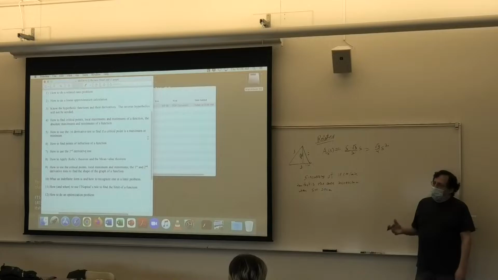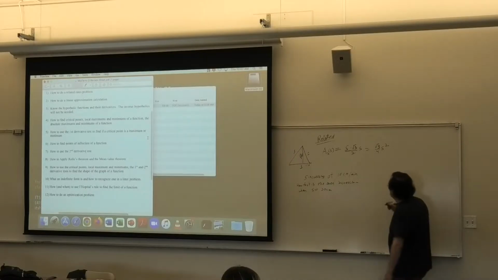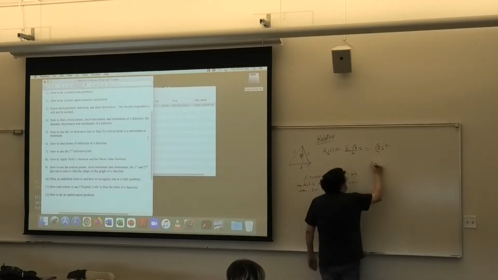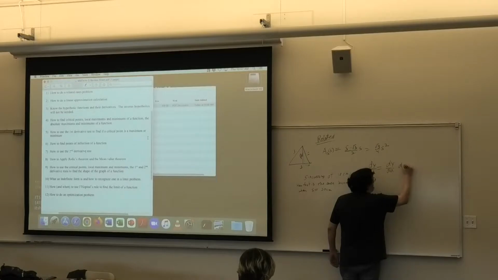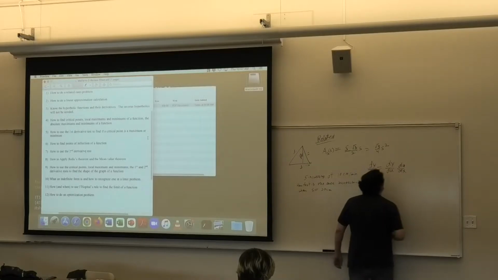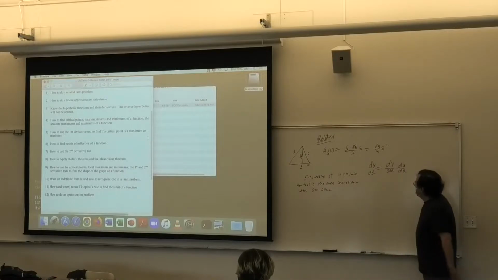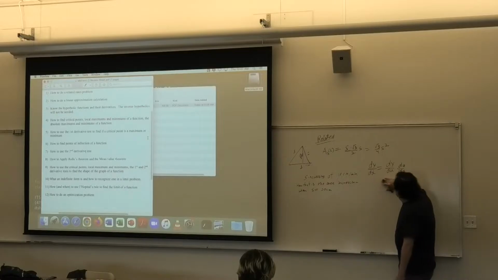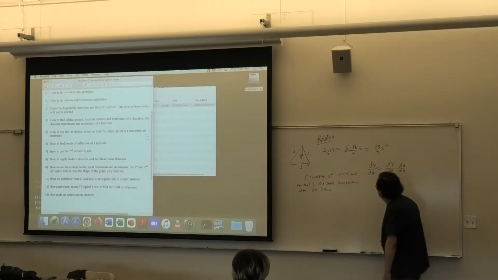And invariably, your best bet is to think of the chain rule in this form, where dy/dx equals dy/du times du/dx. Now, y, x and u can be all sorts of things. So then you have to figure out how to apply this to this problem.